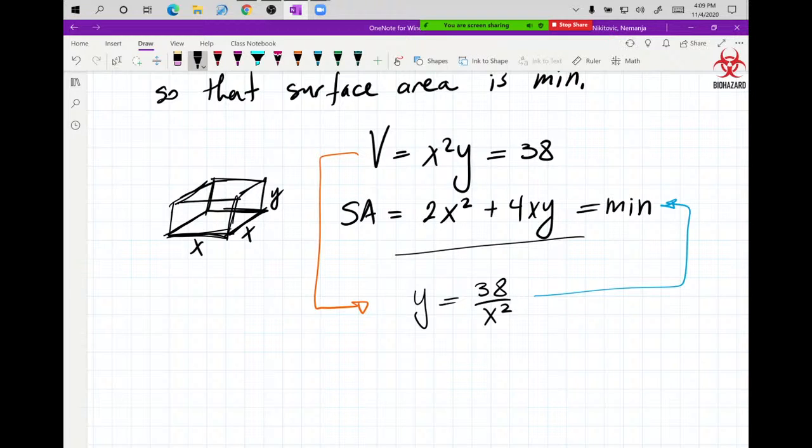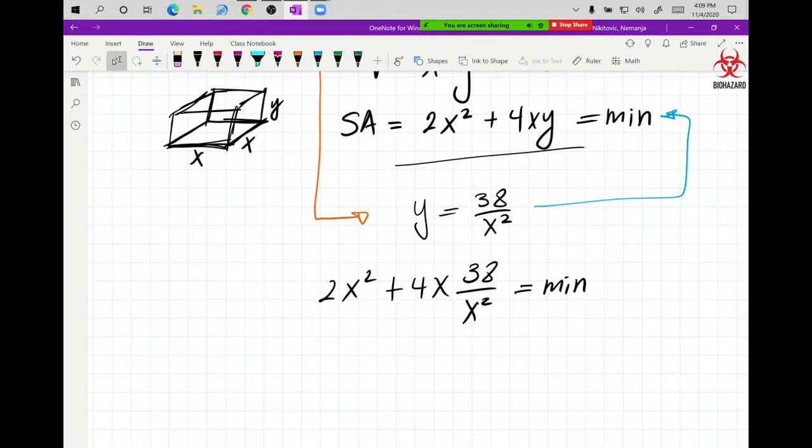You don't want to solve for x and get the square root and all of that stuff. I mean, if you like pain, go ahead. You'll get the same answer. It's just good luck with calculations. Now you stuff this in the other one. That's 2x squared plus 4 times x times 38 over x squared equals minimum. So all I did is I replaced y where it should go. And there you have it.